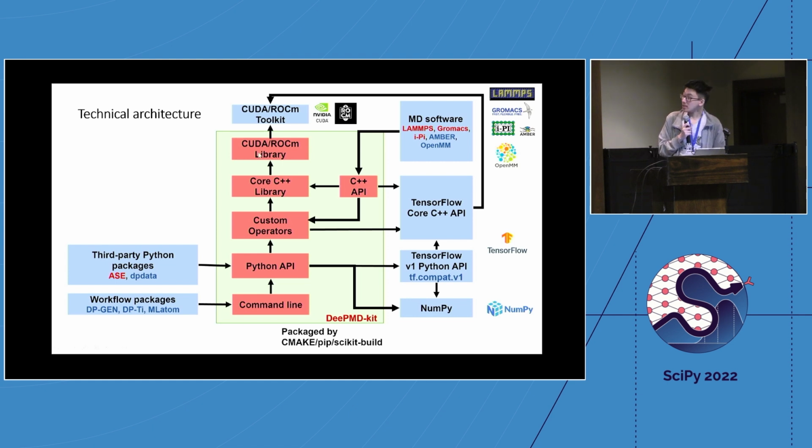And also we have a C++ API used for MD software. We know C++ is much faster than Python. So we use the C++ API for different MD software like LAMMPS, GROMACS, i-PI, and OpenMM, and all of them are open source.